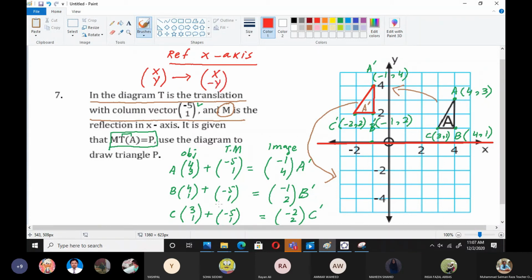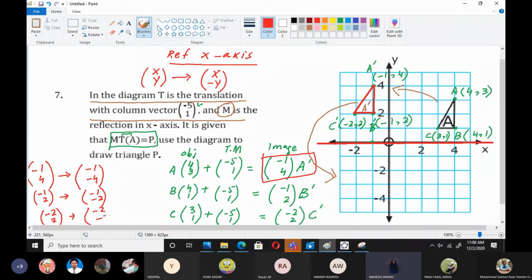So I have this first one with me, (-1, 4) over here, and I am going to reflect it. So it will be (-1, -4). And (-1, 2) means (-1, -2). And (-2, 2) means (-2, -2).